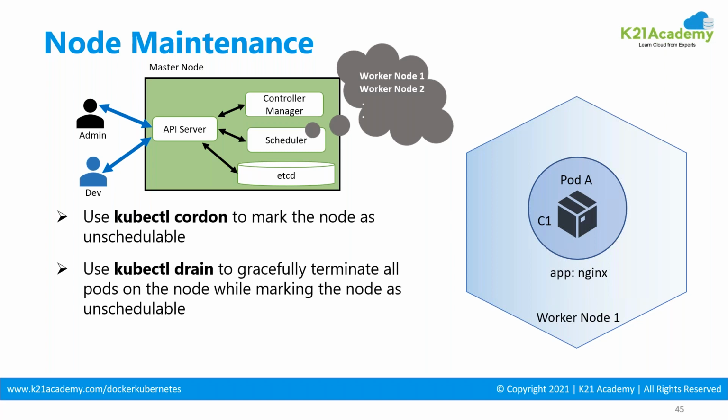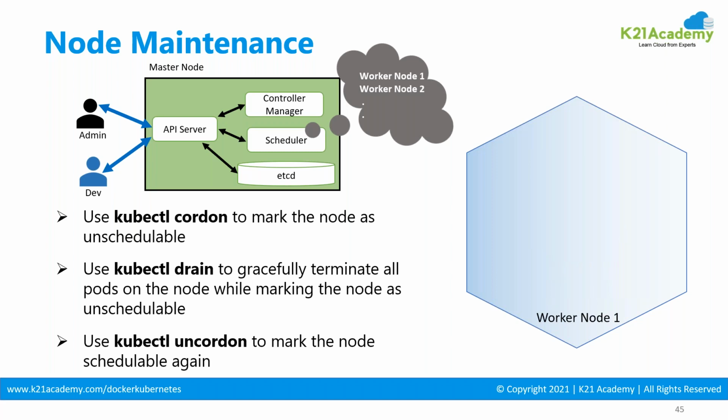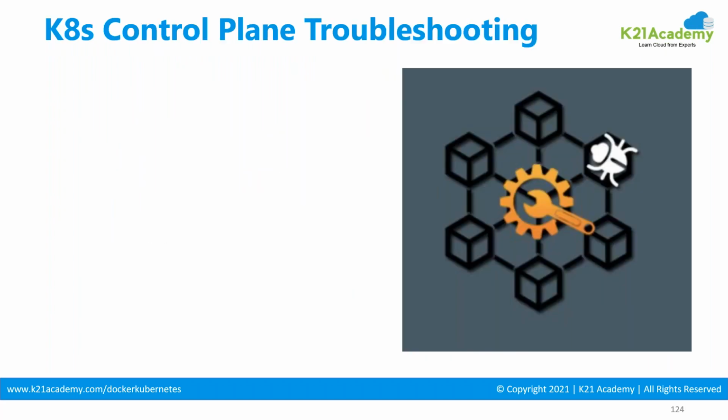It is very important that it should be graceful. It will terminate all the pods and start the pods on another worker node, if it is the case of a deployment. And once the maintenance activity is done on the specified worker node, please uncordon that one so that it will become schedulable.